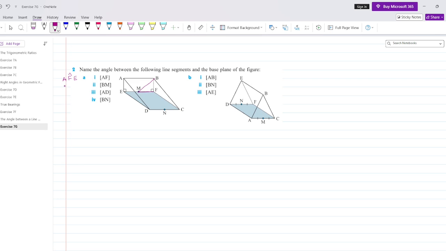Therefore, the angle is going to be BMF. AD is this line, its projection is ED. Therefore, the angle is going to be ADE. BN is this line, its projection is going to be this line, FN. Therefore, the angle is going to be BNF.